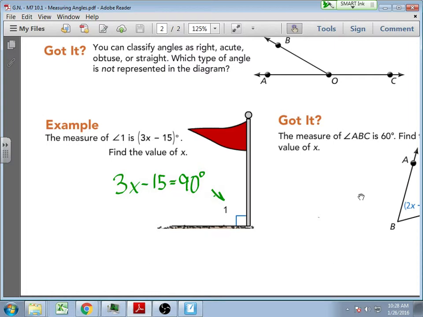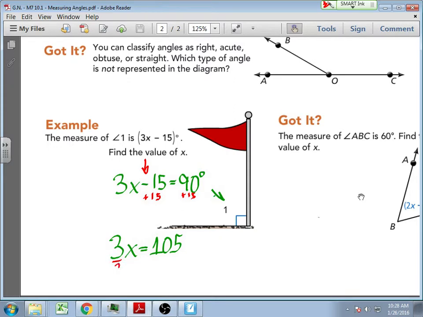So what would I do on both sides always, Oriana? What do I do to start isolating the x? We see it's a subtraction, so we add 15. That gives me 3x equals 105. What do I do now, Luke?